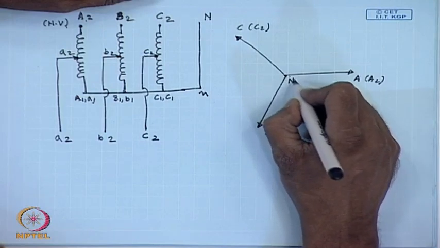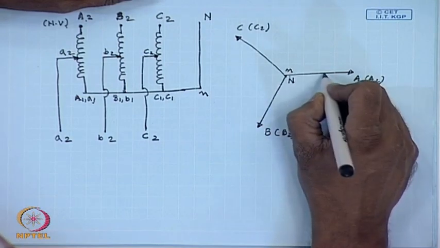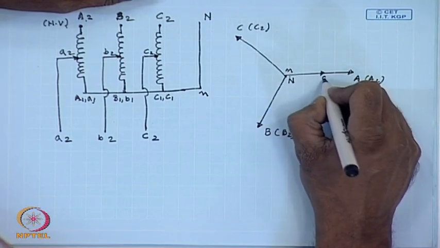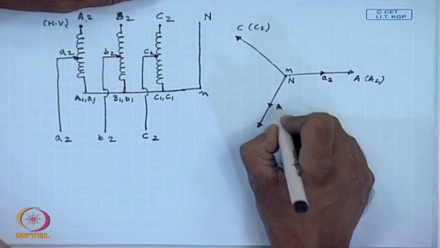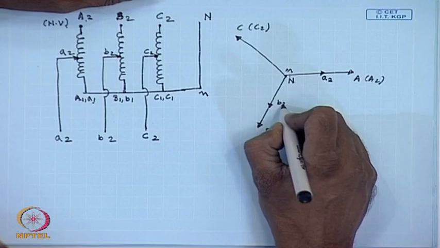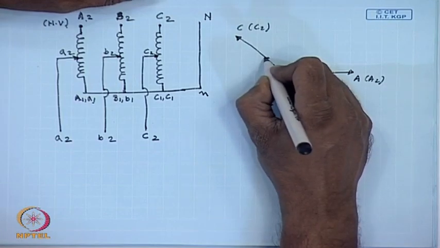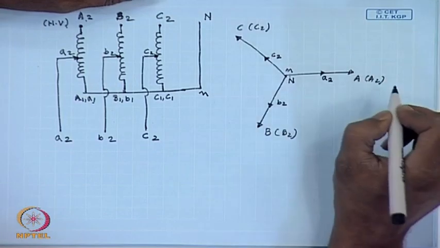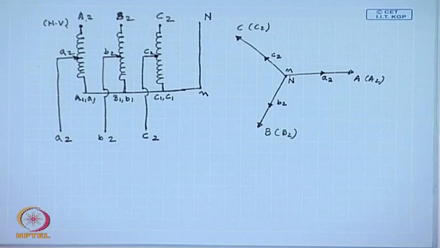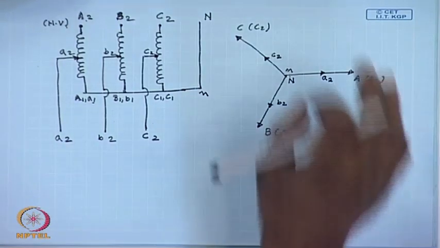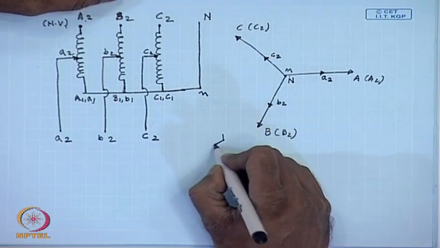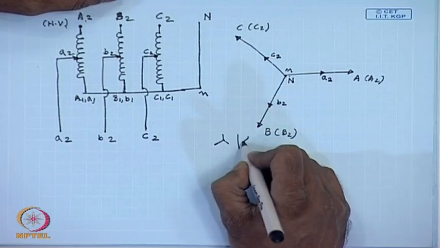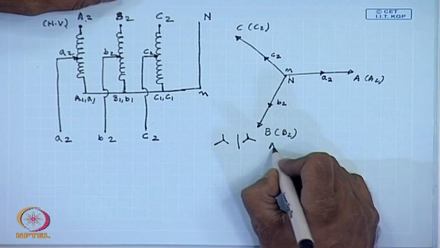So, this is also the point small n and this is the point A2, this is point B2 and this is point C2. Hence, we see it is possible to have a 3-phase star connected auto transformer.